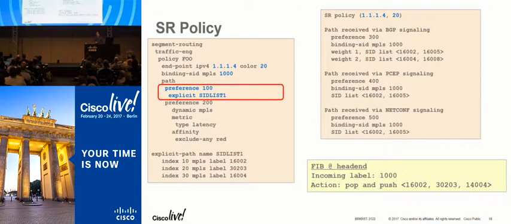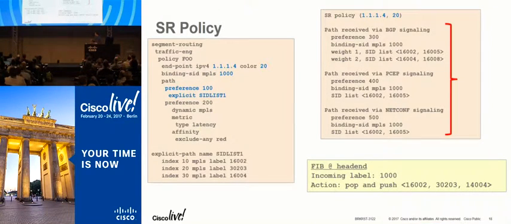You show one here, then I can have multiple paths configured on the router, but very important, and you will see it over the course of the presentation and the use case, I might learn a path for that policy, so this next hop and that color. I might learn a path via BGP. I might learn a path via PCEP. I might learn a path via NETCONF. This is my interaction with the controller for the SDN use case.